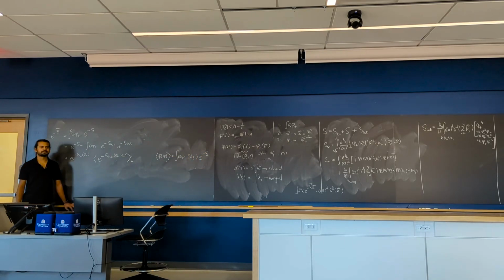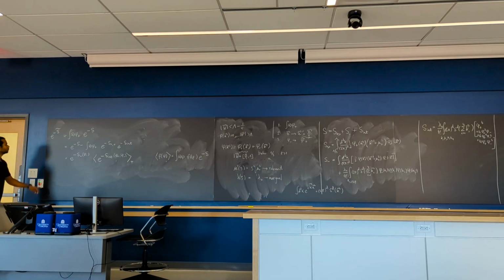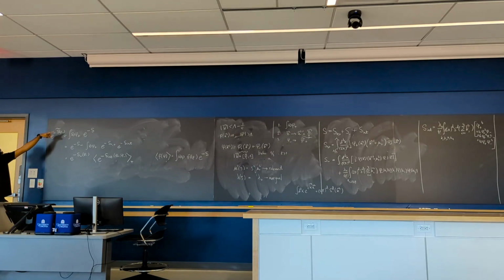Just a path integral definition of expectation value. So this gives us an immediate advantage, because what are we supposed to find? We want to find S tilde as a function of phi minus. Well, we can just take a log.